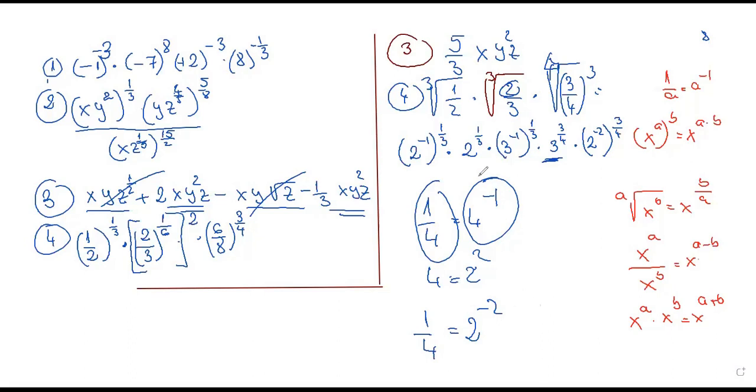Okay, that makes sense. And everything is to the power of 3 over 4, because the 4th root of a to the power of 3 is a to the power of 3 over 4. So that's where the power comes from.